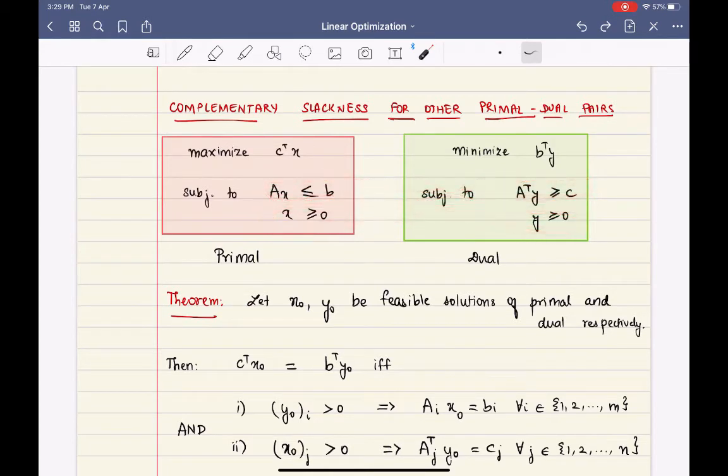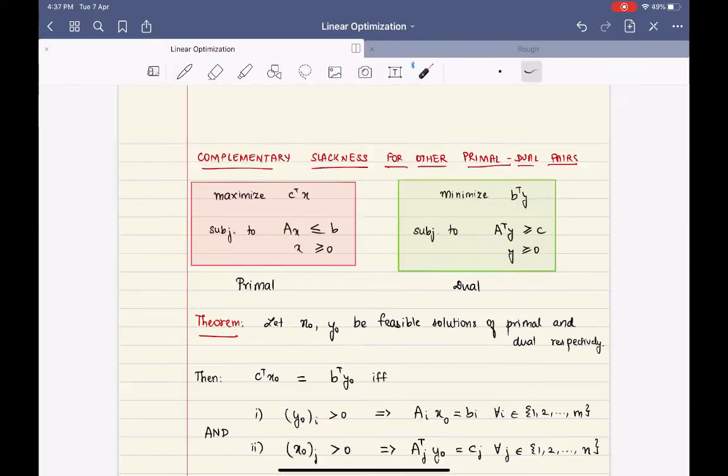The first thing is for this. Whenever y0i is strictly bigger than 0, the corresponding constraint in the primal is tight. And whenever a primal variable is strictly bigger than 0, the corresponding dual constraint is tight. Okay, that is the thing. So this thing was not there in the previous case because here everything was tight.